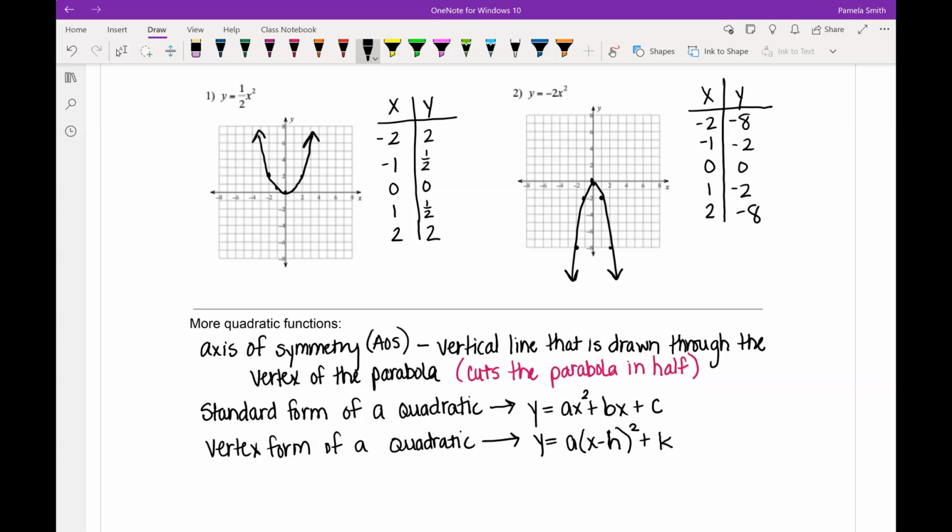And we'll do some review on what a and k were. We talked about those yesterday. And then we'll talk about what h does. How does that affect the graph?